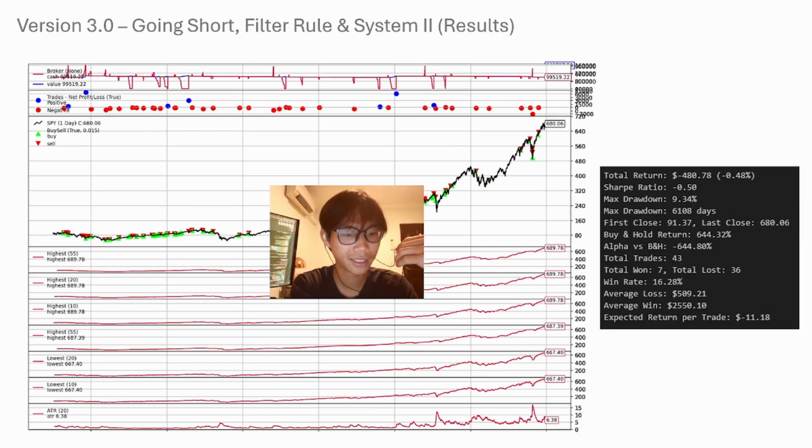You see here, 16% win rate, even though the average win is like 5 times more than the average loss. It only wins 16% of the time. You need 20% to make it break even. So the filter rule is really trying to filter out unnecessary trades, right?